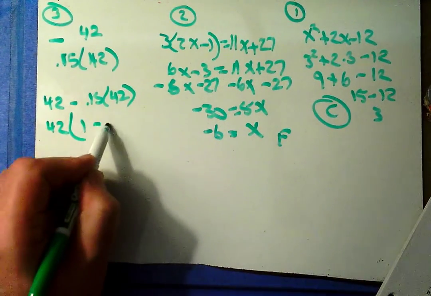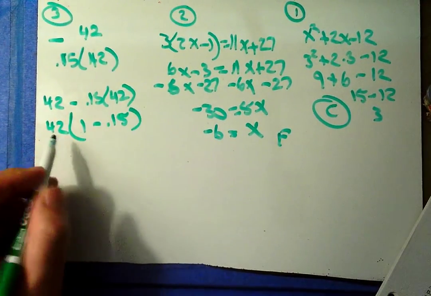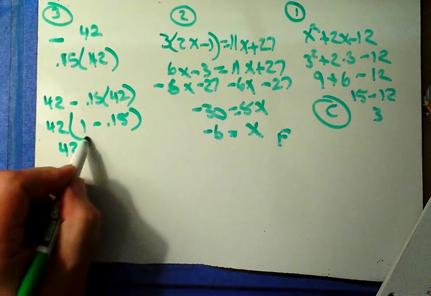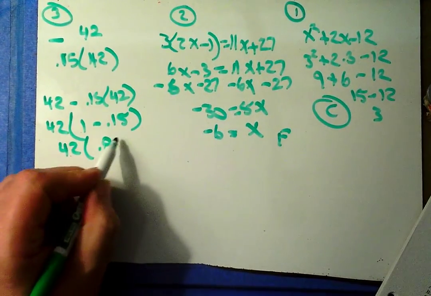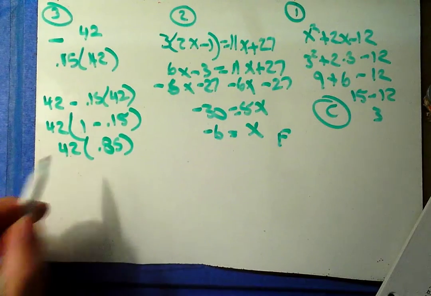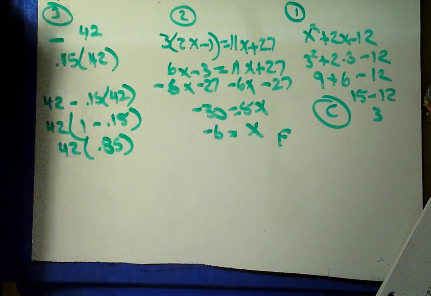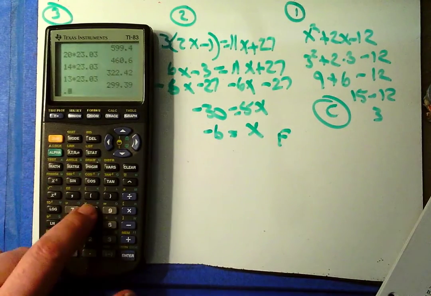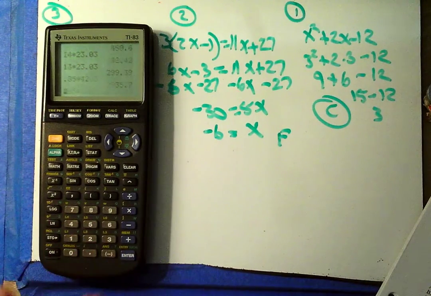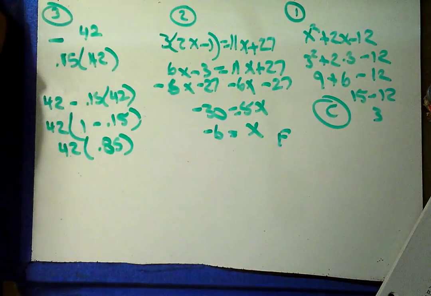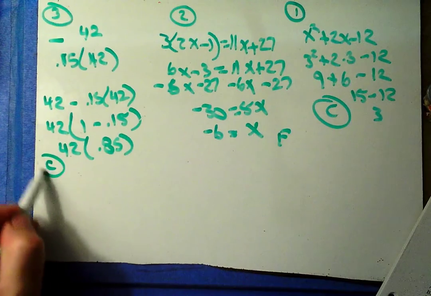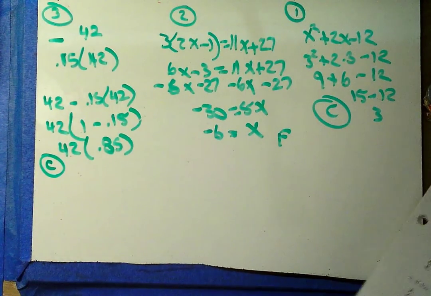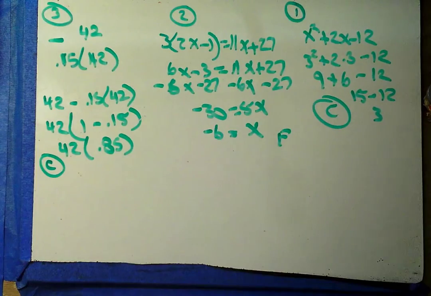And so you've got 1 minus 0.15. And so you find that you're doing $42 times 0.85, or 85% of the actual cost. If I pull out my calculator and do 0.85 times 42, I end up with $35.70, which corresponds with choice C.